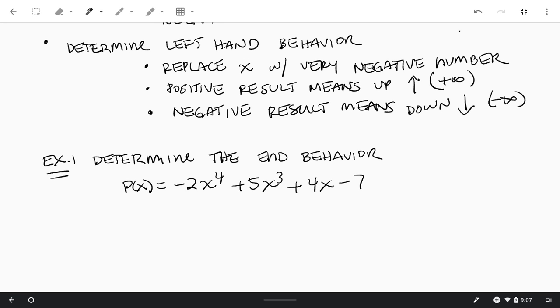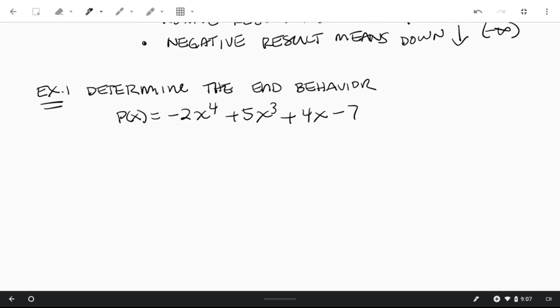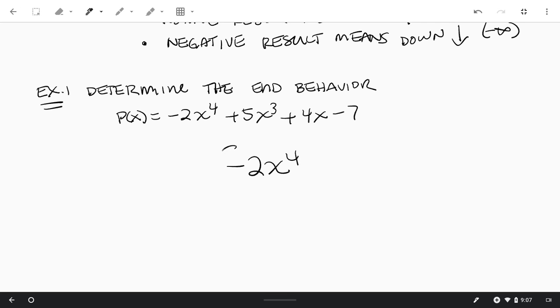Again, we don't need the entire polynomial to determine the end behavior. We only need the leading term. So we are going to look at negative 2x to the fourth, the leading term. This is what we use to determine the end behavior.